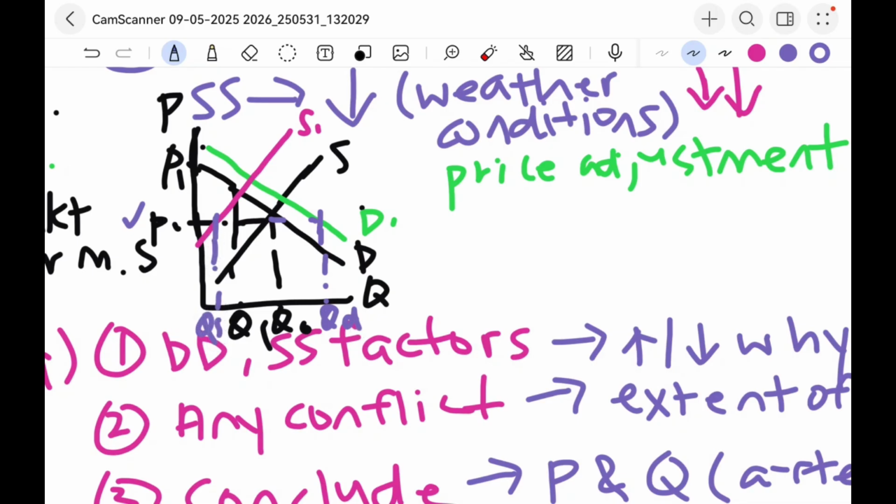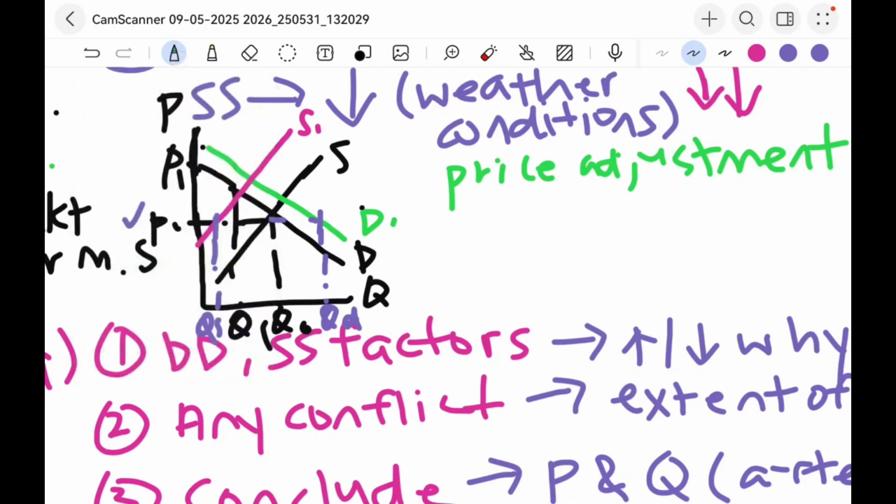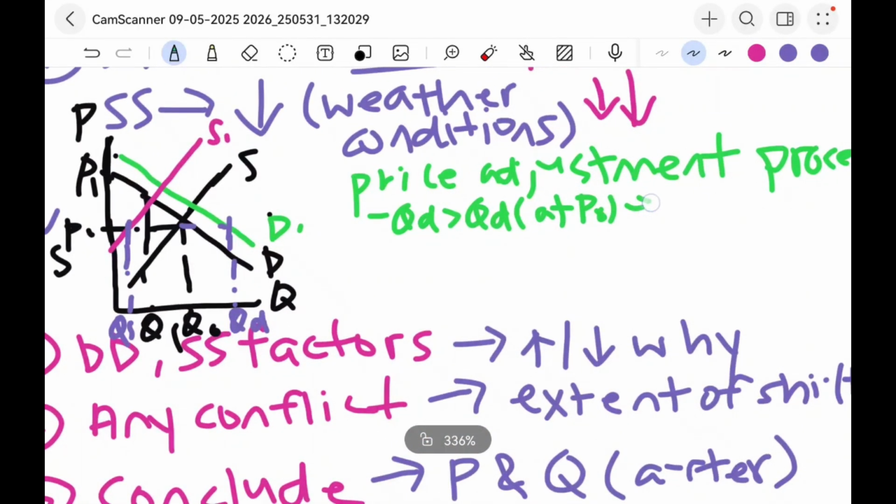So when QD is more than QS, I have a shortage, which makes sense because now we say there is an increase in demand but a decrease in supply. So you need to say at P0, QD is more than QS. So the impact is that there is a shortage.